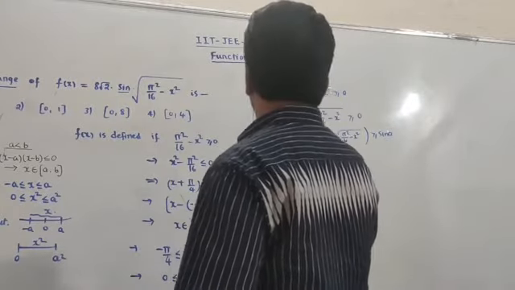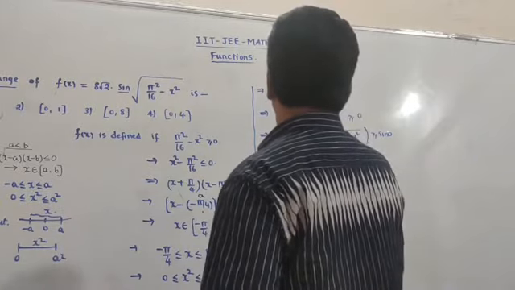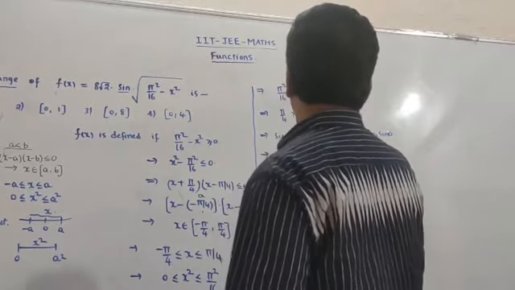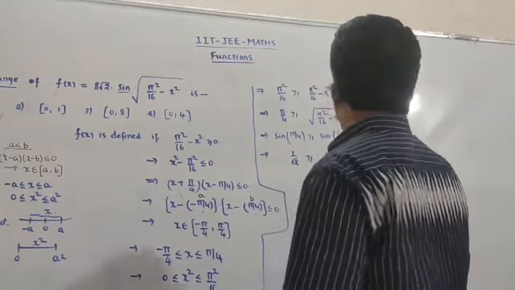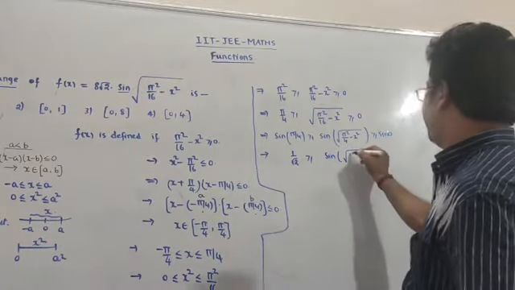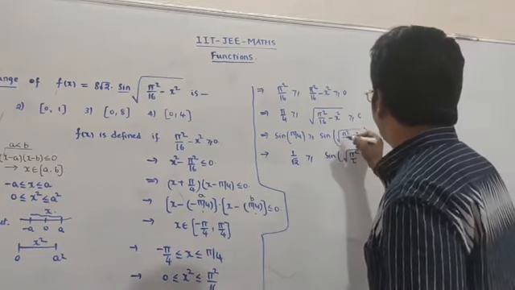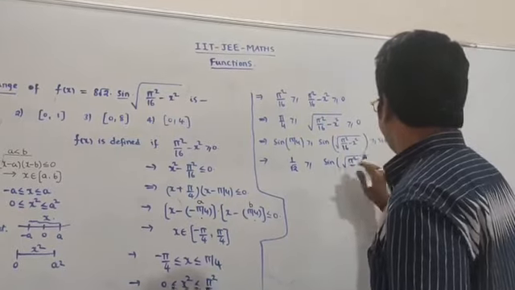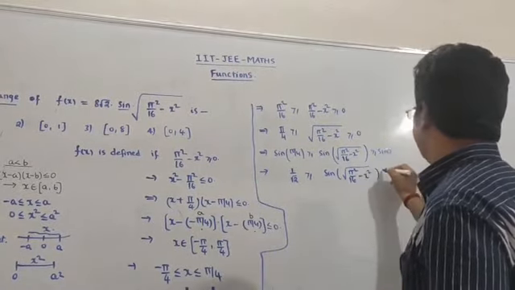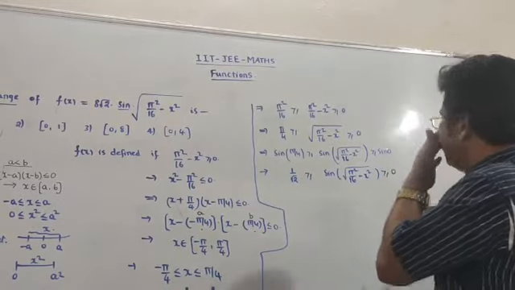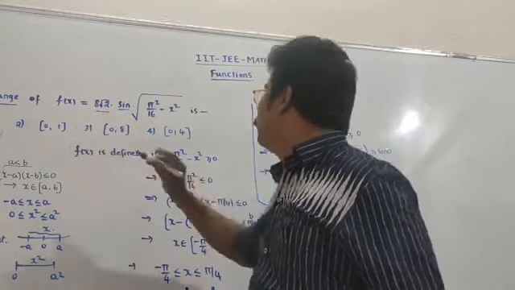So sine pi by 4 is 1 by root 2, greater than or equal to sine of root of pi square by 16 minus x square, greater than or equal to sine 0. Next multiply with 8 root 2 throughout the equation.